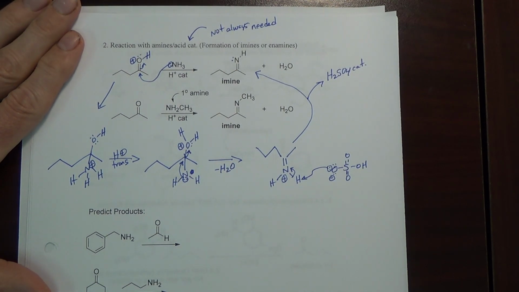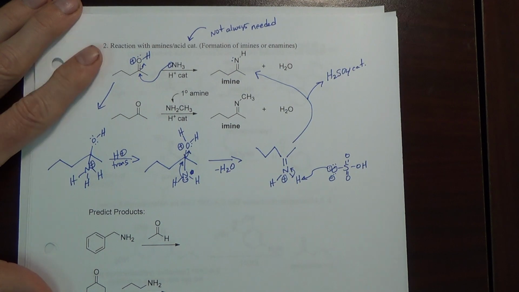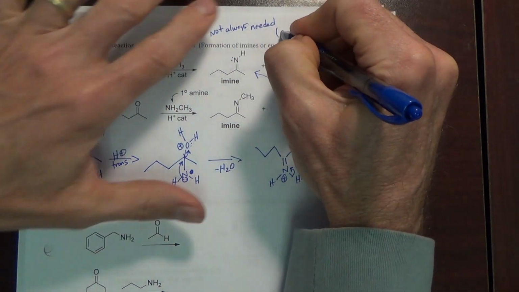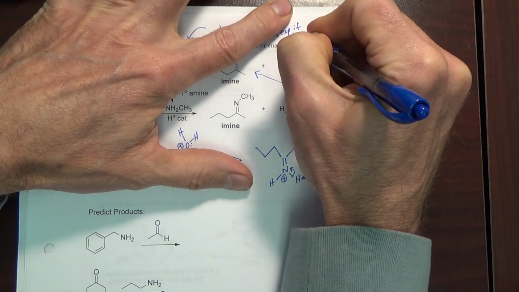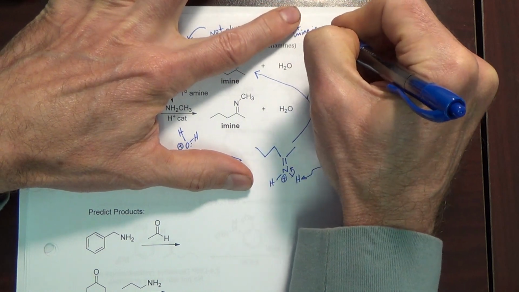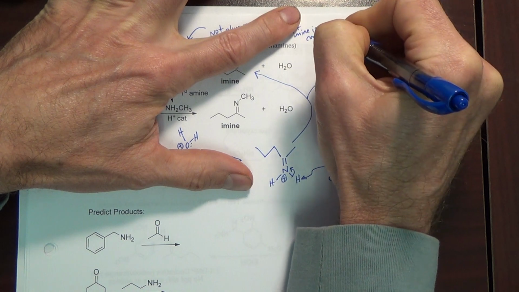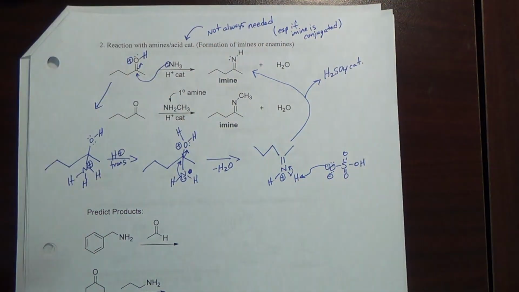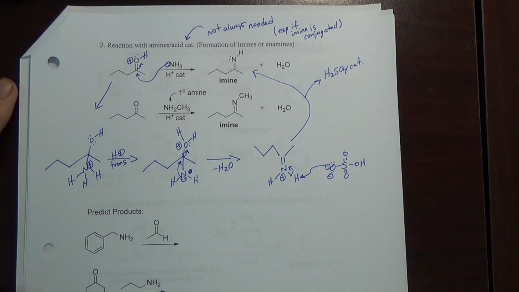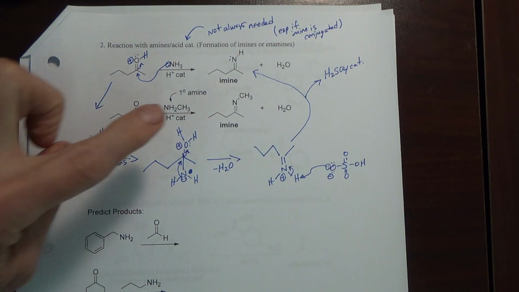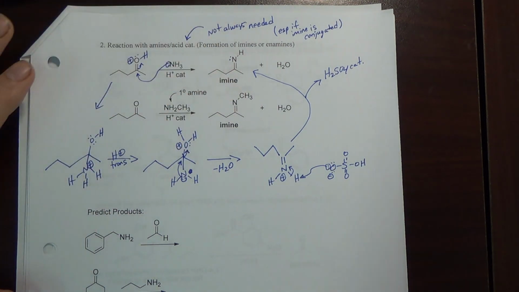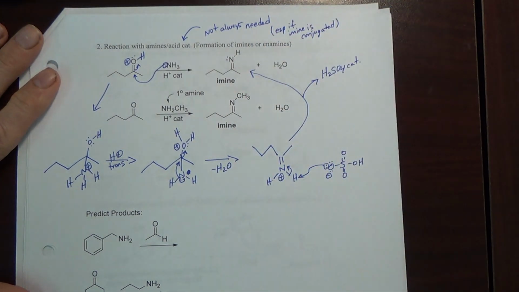That's particularly the case if your imine is conjugated, and is thus more stable than a non-conjugated one. Here we just have an isolated double bond.